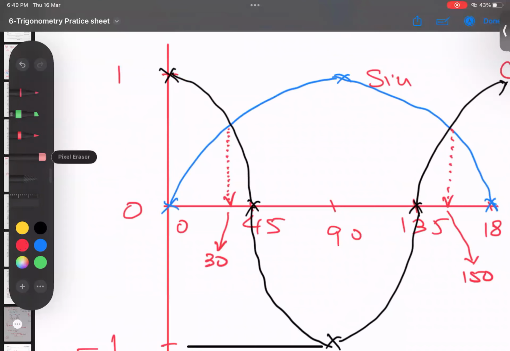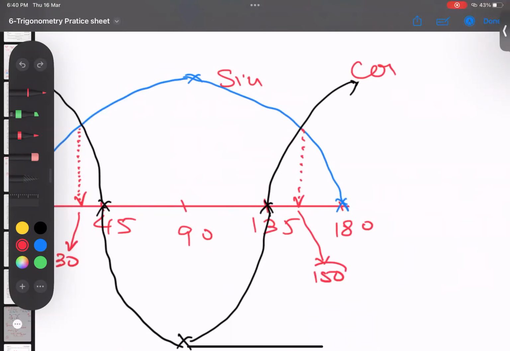Can I say from 0 to 30 degrees, for this part, the black curve is above and the blue curve is below, satisfying our condition? Can I say 150 to 180 degrees, this part, the black curve is above and the blue curve is below? So it means the cos curve value is higher as compared to the sine curve.